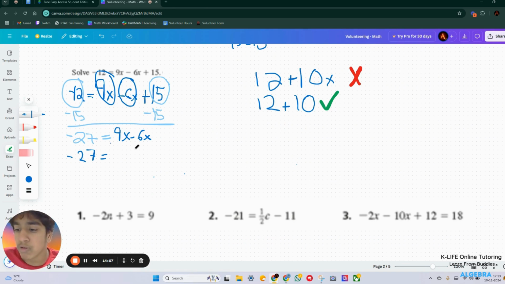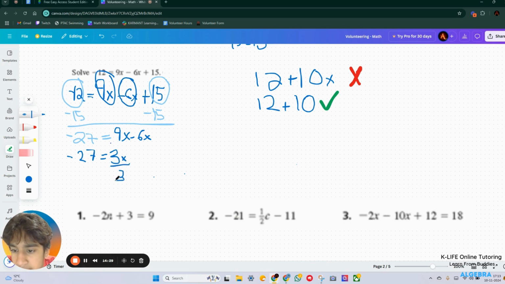But you just check to see if they're like terms or not. So now since I know that 9x and 6x are like terms, I have to do what the sign says. That means it's saying to subtract 6x from 9x, which is just going to give you 3x.